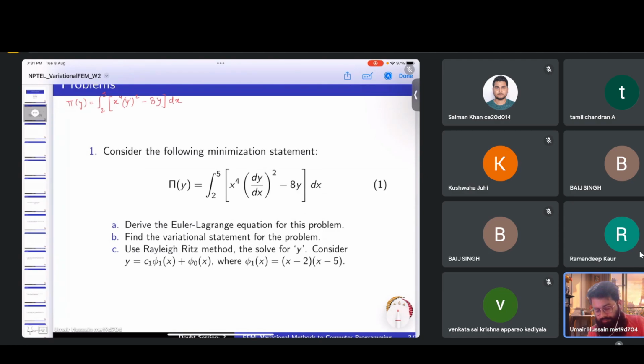So what is the formula for the Euler-Lagrange equation? Can someone tell me? Del f by del y minus d by dx of del f by del y prime. Exactly.